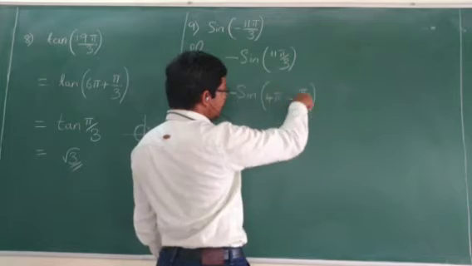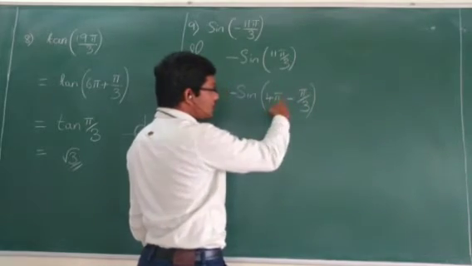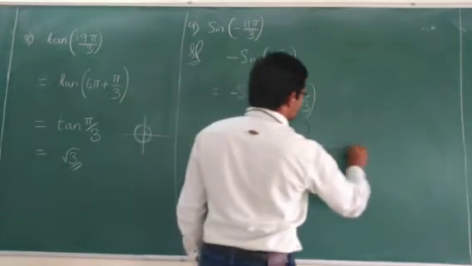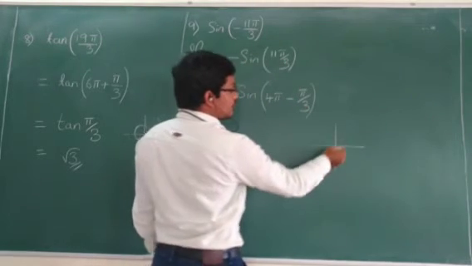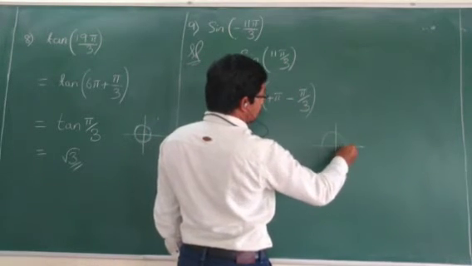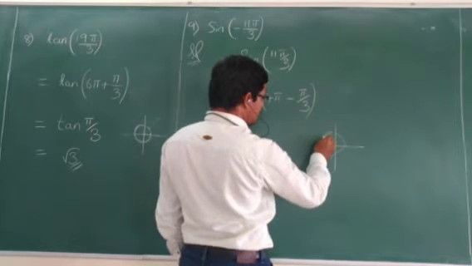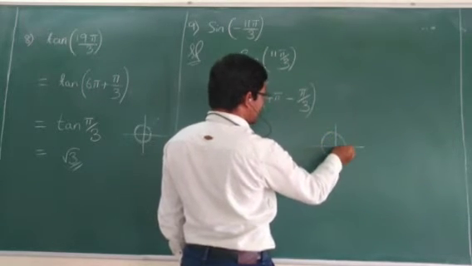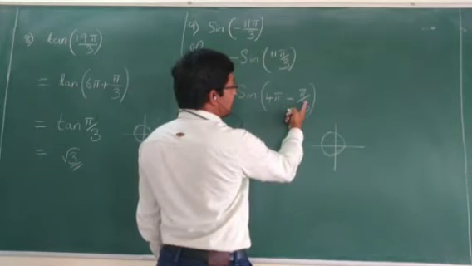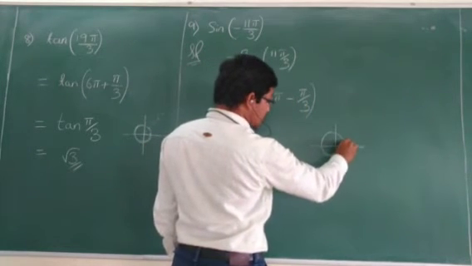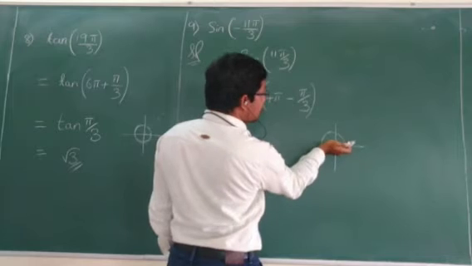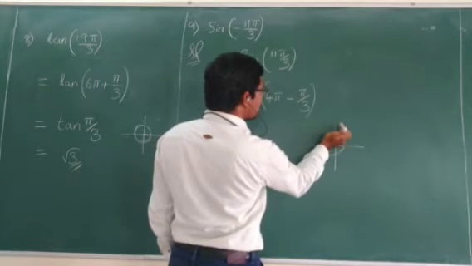Now, look at this, what quadrant you are getting this value. So, if you take again, this is 2 pi. One more revolution, you get 4 pi. But here we have minus. Minus means you should come this side. If it is plus pi by 3, you will go like this.